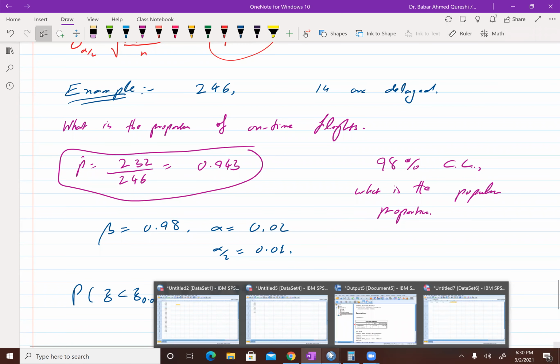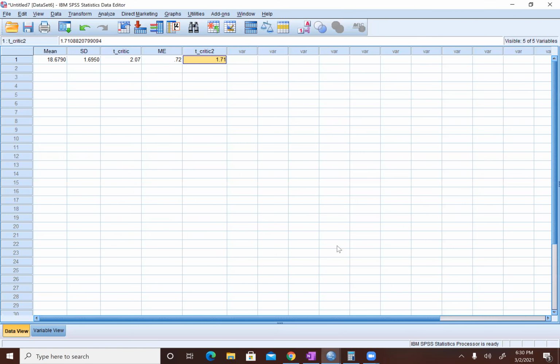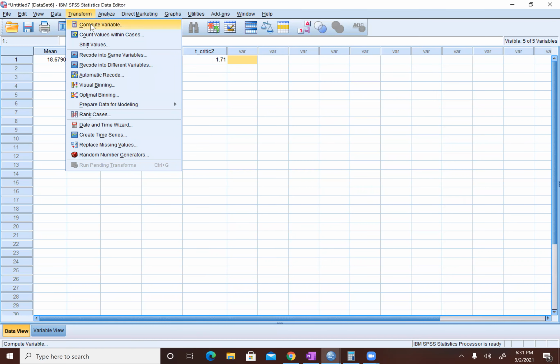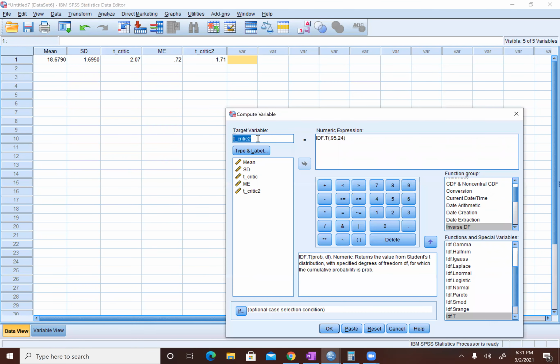Again, I can go here. Today I'm just doing these things with the SPSS. Transform, compute variable. Let's give it a name: Z critical. And again, I have to compute critical variables, so I have to go to the inverse distributions. So I go to this inverse and I'm looking for inverse distribution of the normal.